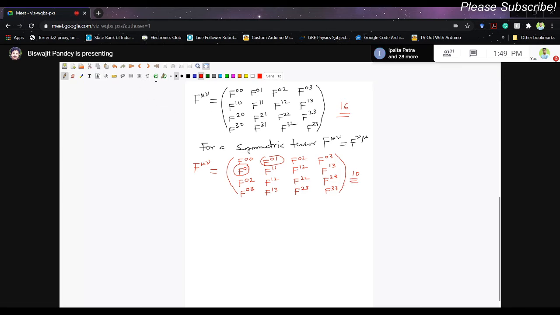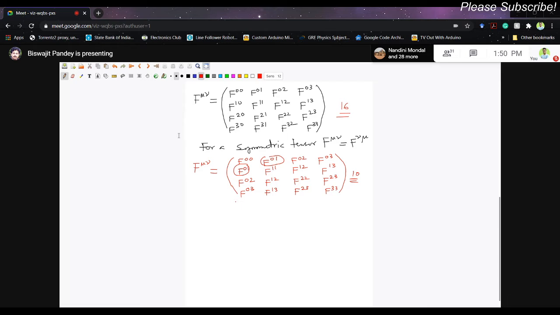But again, our problem is not solved, because from the electric field and magnetic field we have only 6 components. Then how can it fit in this symmetric tensor? It will not fit if you assume that the second rank tensor is a symmetric one. So for fitting it into a second rank tensor, the next possibility is that maybe the tensor is not symmetric, it is antisymmetric.